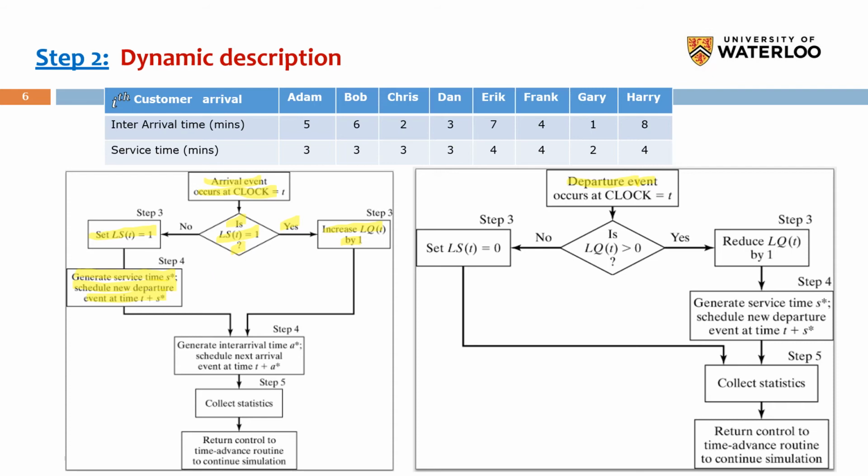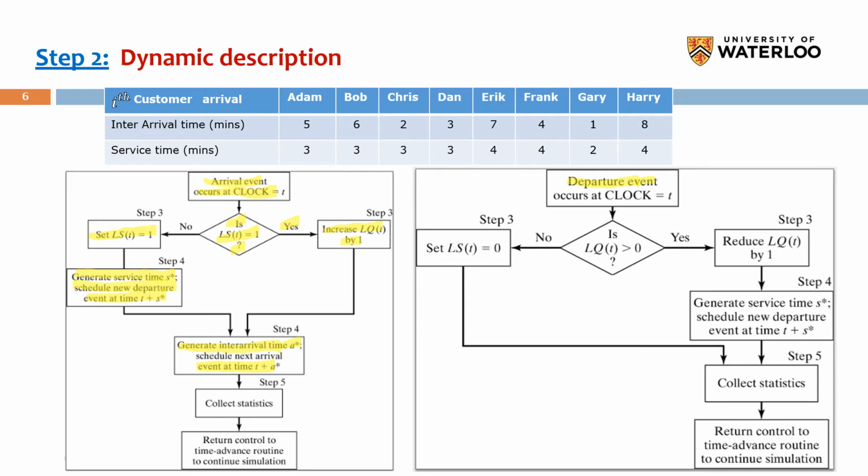Since it's an arrival event, at any arrival we need to generate the next arrival event. So here we generate inter-arrival time A star for the next arrival, and then the arrival time for the next arrival will be at time t plus A star.